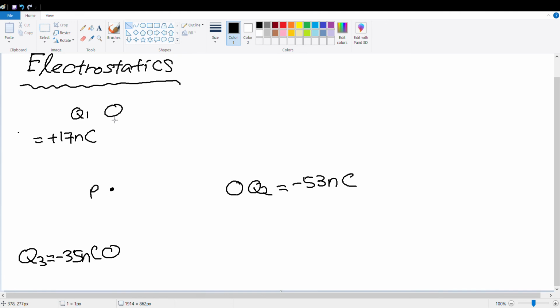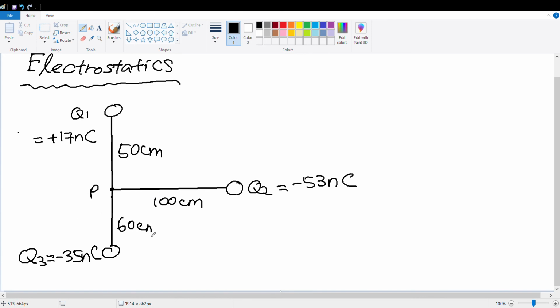All of them have their own distance respectively to point P. Let's say this is 50 cm, this is 100 cm, and finally this is 60 cm to point P. So the question is to find the electric potential, simplified as V exerted at point P.